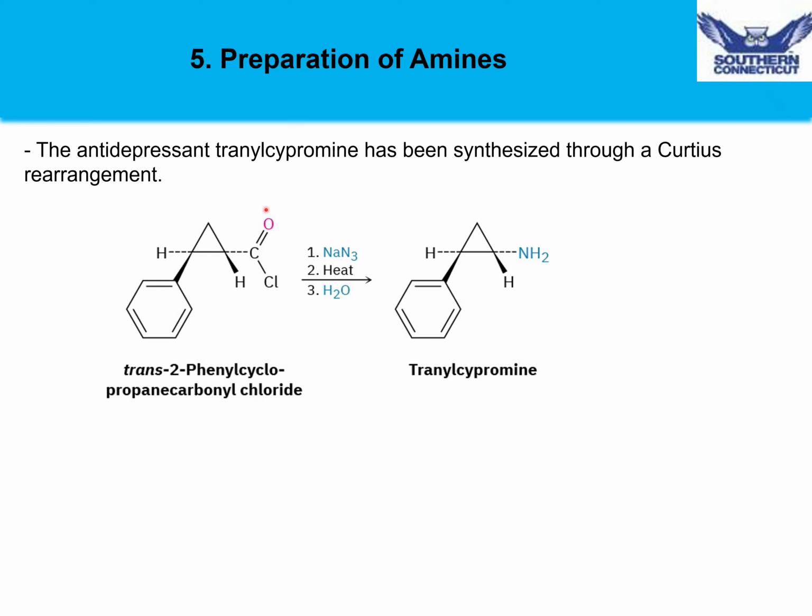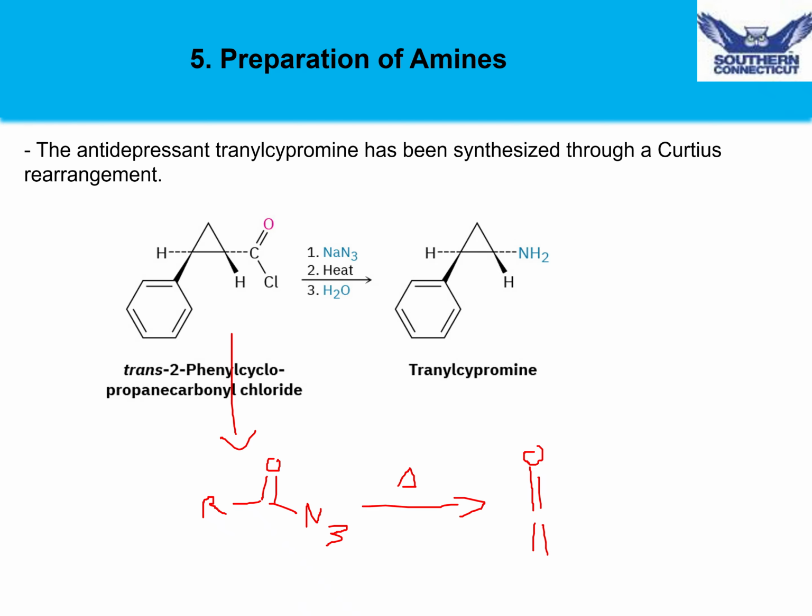This synthesis starts off with an acid chloride, which when it reacts with sodium azide will be converted into the acyl azide group, and I'm going to abbreviate the alkyl chain as an R group. This acyl azide will be heated. That will lead to the conversion of this acyl azide into an isocyanate.